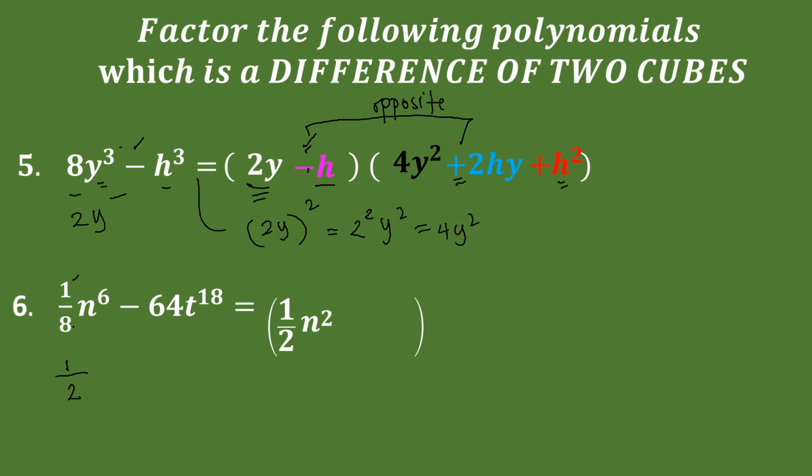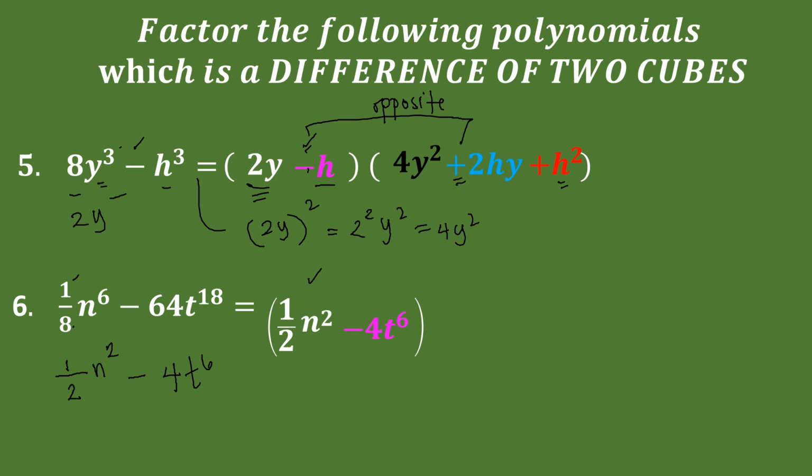And then 6 divided by 3 will give us n to the power of 2. And that is why we have 1 half n squared. And then, whatever the sign in here will be followed. What is the cube root of 64? It's 4. And then 18 divided by 3 will have 6. So therefore, our second term in the binomial set is negative 4t to the 6.